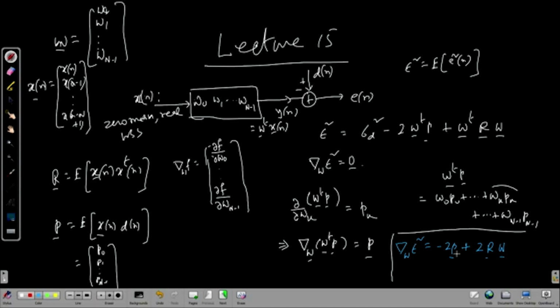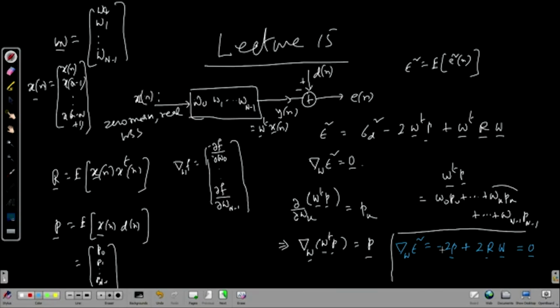And for the minimum, every derivative should be 0. So, this should be equal to a 0 vector. This is a stack of the partial derivatives, each partial derivative of epsilon square with respect to W 0, W 1 and so on, and this should be 0. So, all the derivatives are stacked here. This is the expression of the derivative, and that should be equal to the 0 vector.